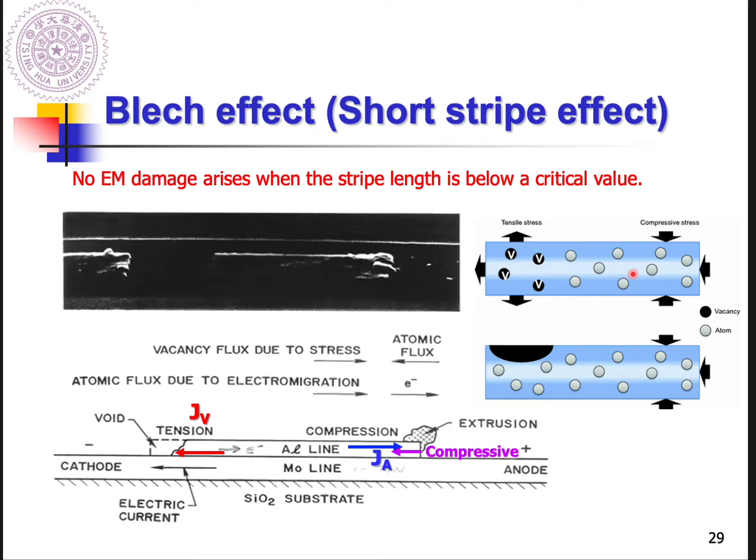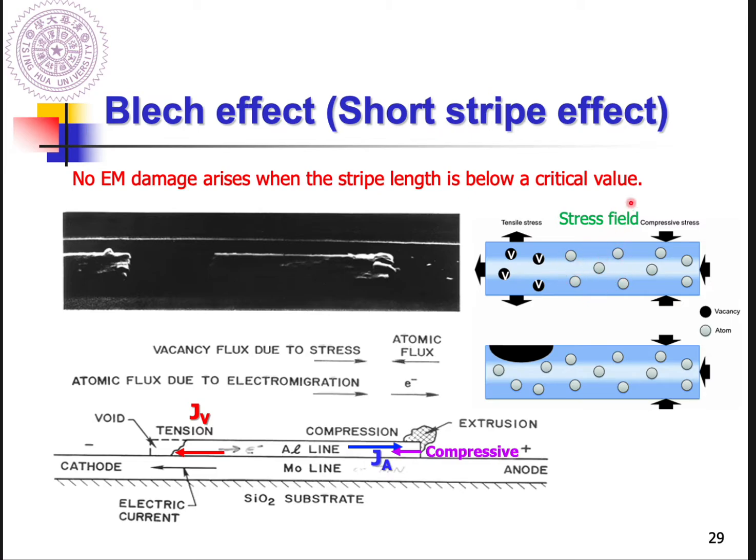Based on these figures, there are more atoms here, so it turns out as compressive stress. More vacancies exist here, so we can consider it tensile stress. So there's an internal stress field in these materials.